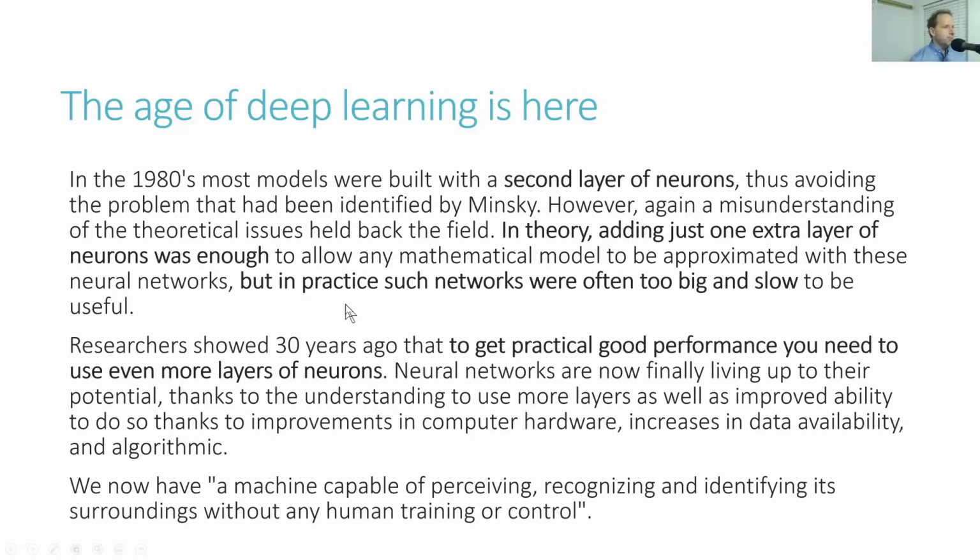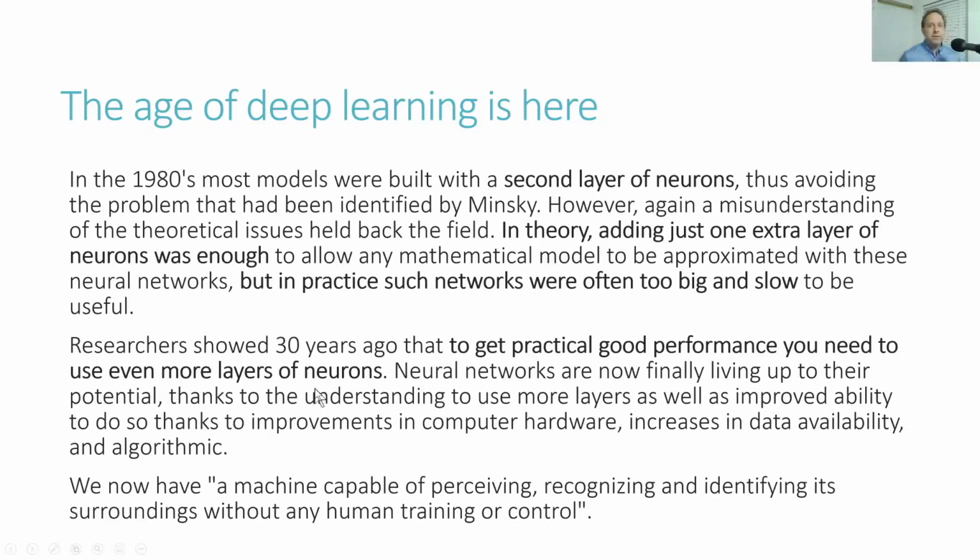Now, what I didn't know, and nobody I personally met knew, was that there were researchers that had shown 30 years ago that to get practical good performance, you need more layers of neurons. Even though mathematically, theoretically, you can get as accurate as you want with just one extra layer, to do it with good performance, you need more layers.